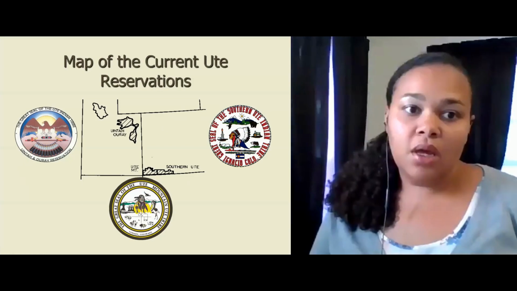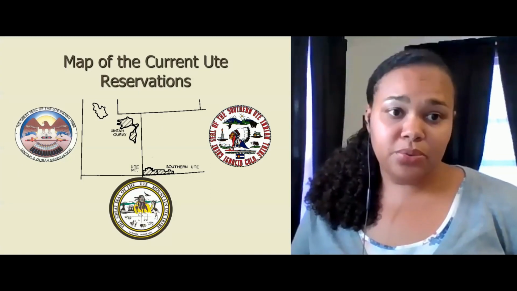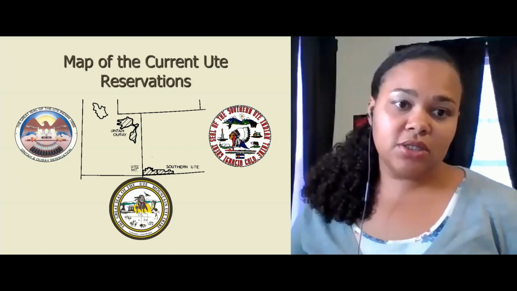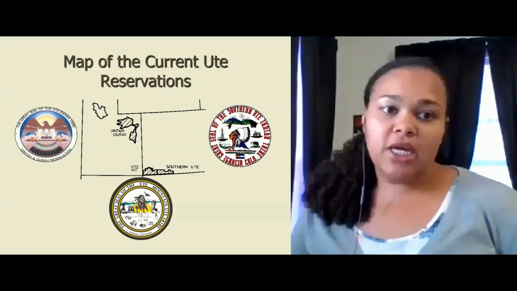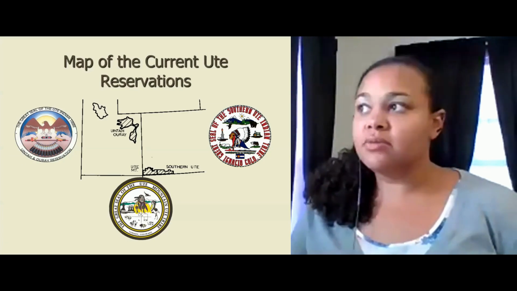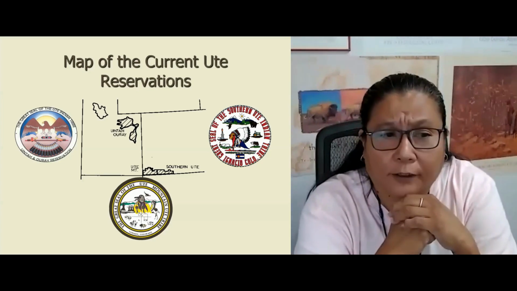Renee Fetters had a few questions. When you were talking about the agency, she asked if those were the boarding schools, and if they were on the reservation. Agencies are a little bit different than boarding schools.